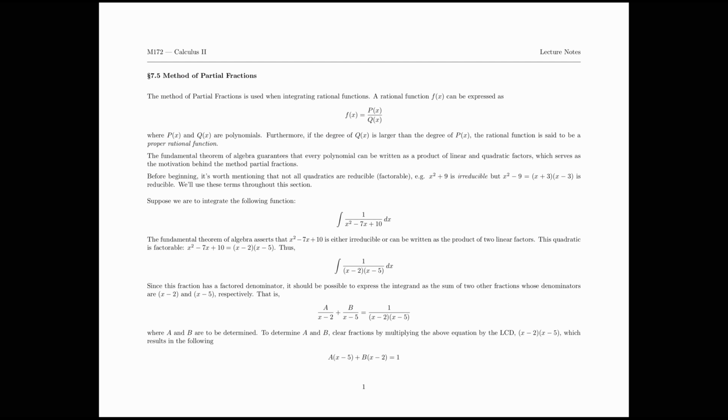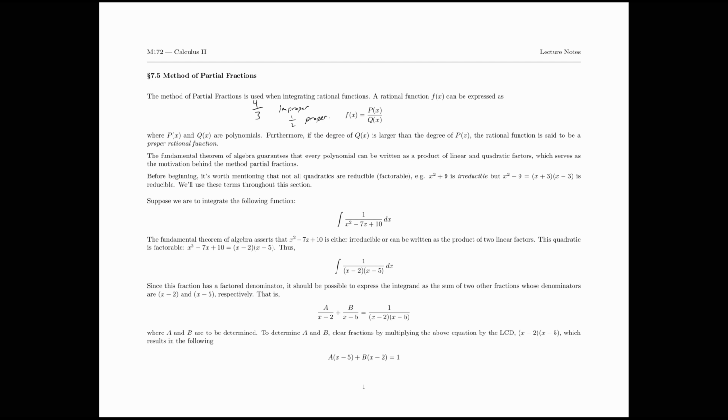If the degree of the bottom polynomial, so Q, is larger than the degree of the top, then it is a proper rational function. Much like if we have 4/3, that's an improper fraction, but 1/2 is proper.